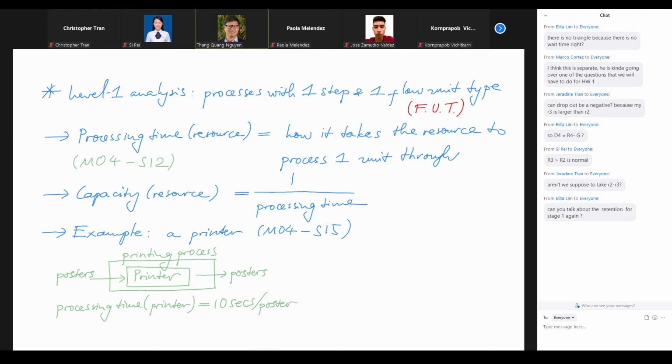All right, so that's the information that we have. And the question is, what is the capacity of the printer expressed in posters per hour? So we need to find the capacity of the printer.